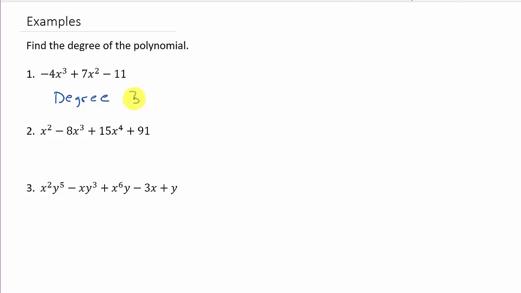And in number 2, you can see that it's not in any kind of order. Typically what you want to do is rewrite your polynomial in descending powers. And I know this one's easy to see, and you can go through and find the largest exponent.